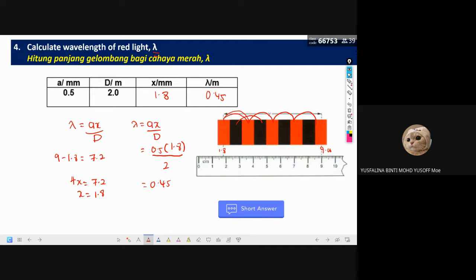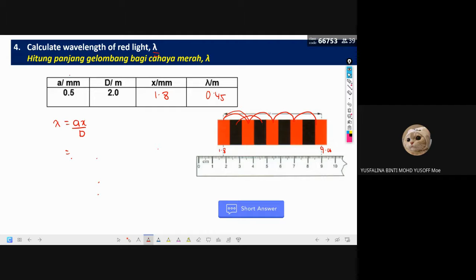But wait for a moment. No, because you can see the unit there. The unit is in millimeter. You have to change it first. So lambda is ax over d.